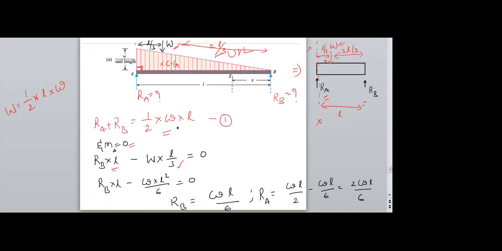Therefore, substituting the capital W value, I will get small w L square by 6 is equal to 0. Therefore, RB is equal to small w L by 6. Therefore, substituting the RB value in my equation 1, RA will be small w L by 3.